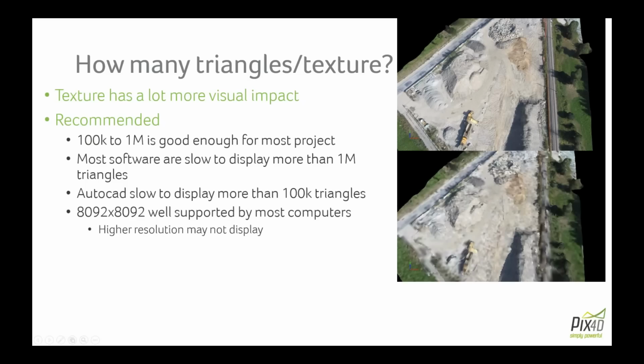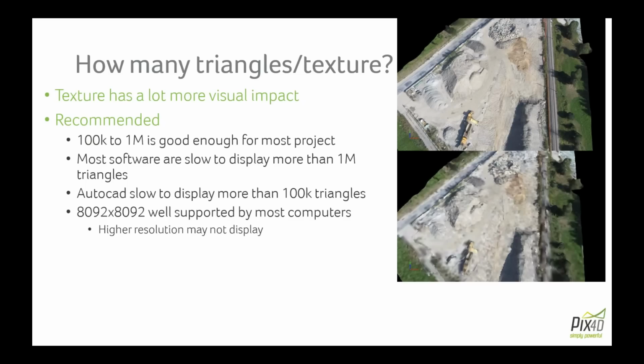And you can see that from a visual point of view, it's not the amount of triangles. The picture below has 1,000 times more triangles than the picture on the top, but it really looks horrible. And by that, I really mean that most of the quality of triangle meshes is derived from texture. Texture is extremely important, much more than number of triangles from a good looking point of view.